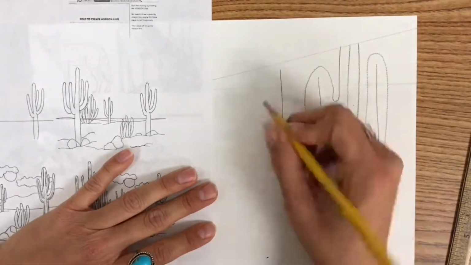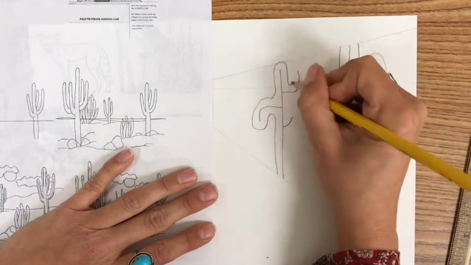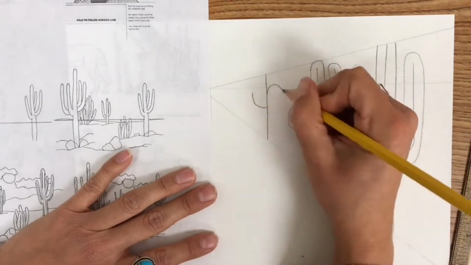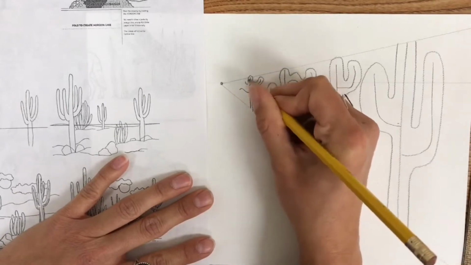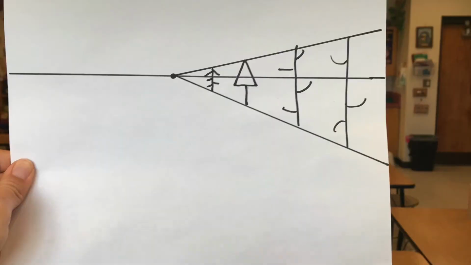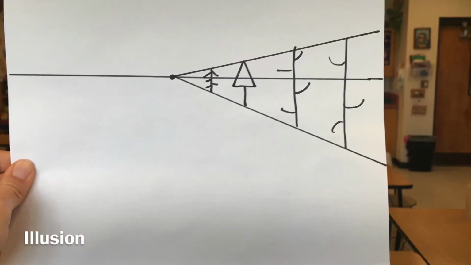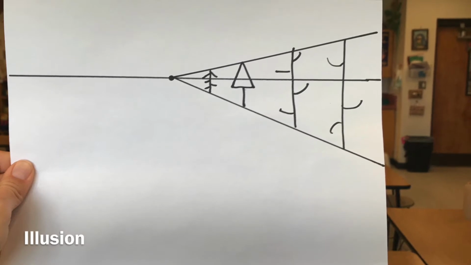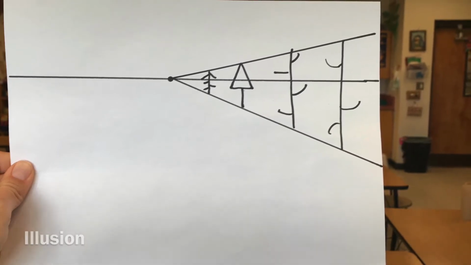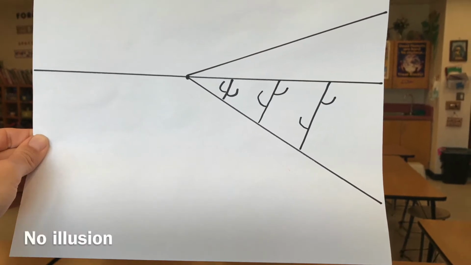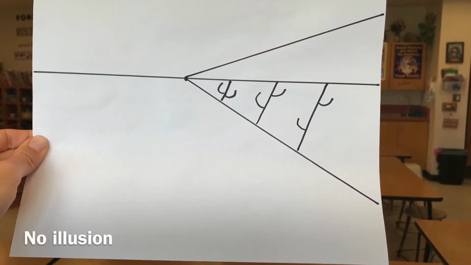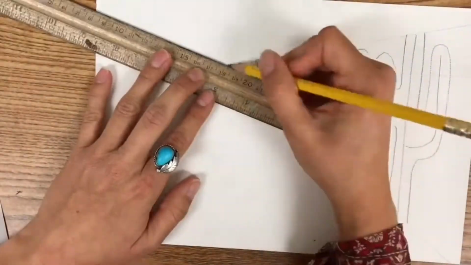My plants are going to start at the bottom and head all the way up to the top of that orthogonal line. They start at the bottom and head all the way up to the top, just like this. A lot of people get this part confused, and they put their plants only up to the horizon line, and there's no illusion when you do it like that.